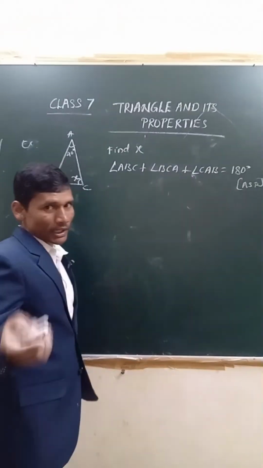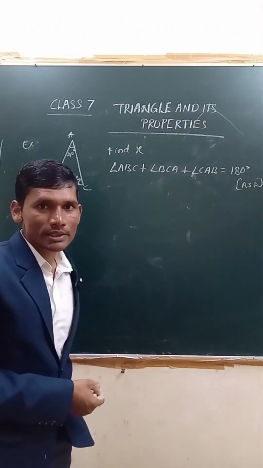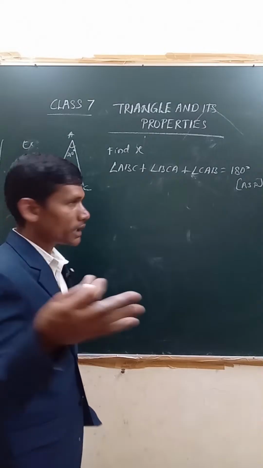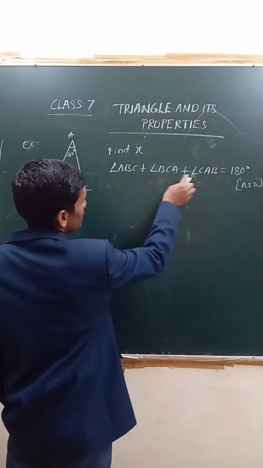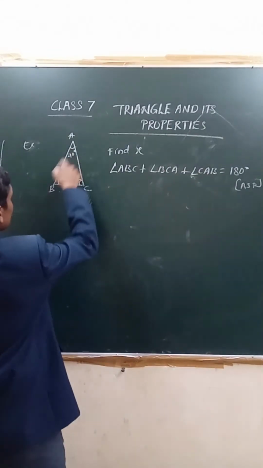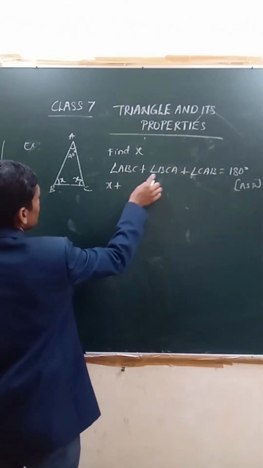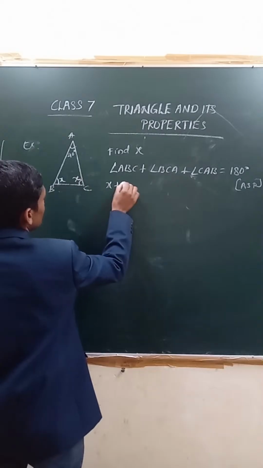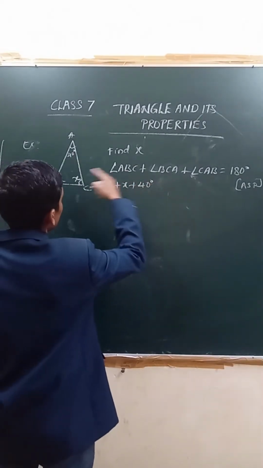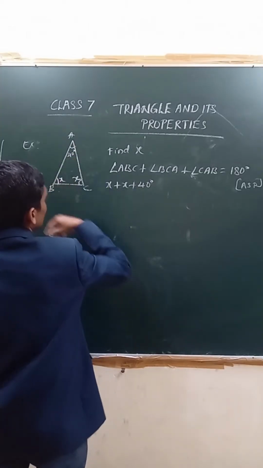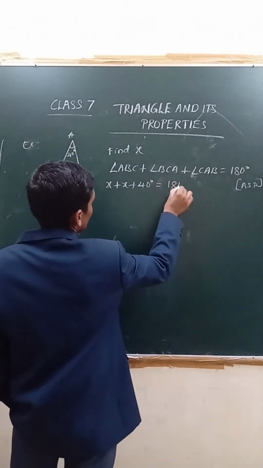Okay, you have to write that. We have written it in the previous problem. You have to write here also. Now angle ABC plus BCA, all these we have taken. ABC is what? x. BCA is what? This is also x. And this one is 40 degree. CAB is 40 degree, right? This is equal to 180 degree.